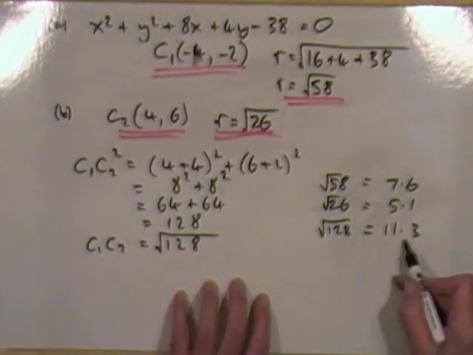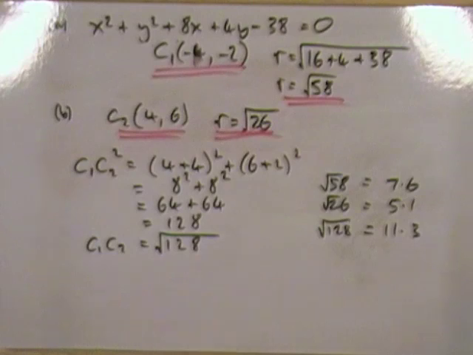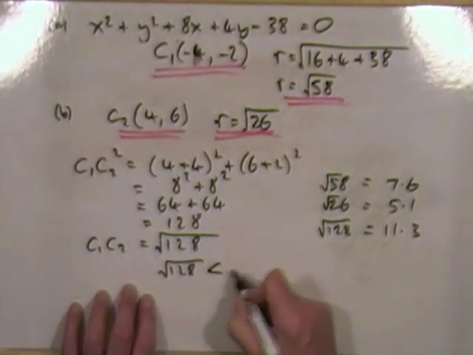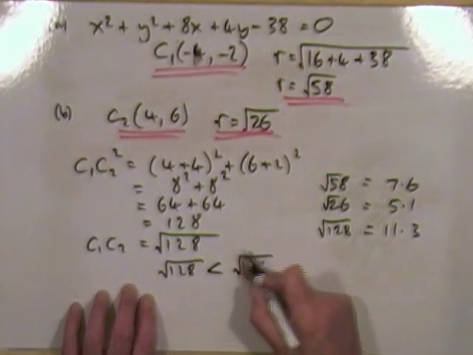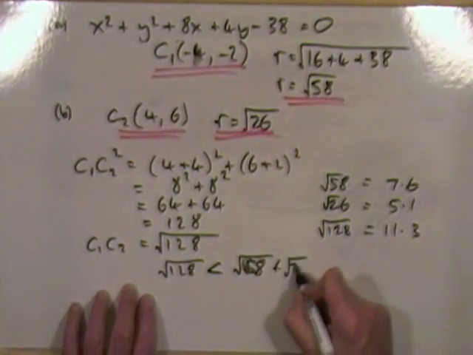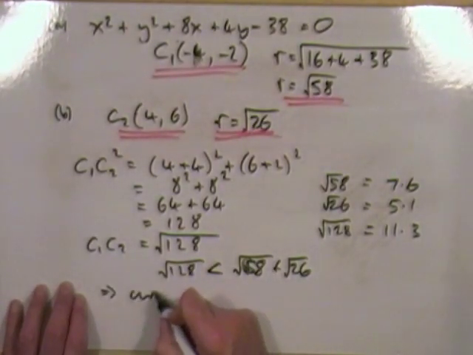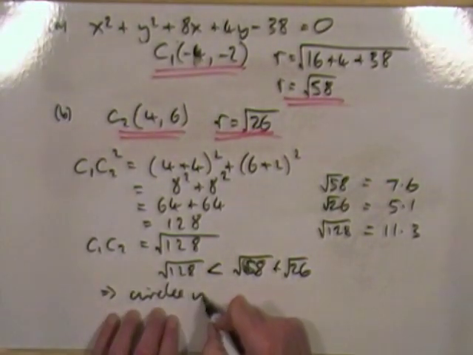Well, 11.3 compared with 7.6 plus 5.1, that comes to 12.7. So I can state from that root 128 is less than the square root of 58 plus the square root of 26, which means that the circles intersect.